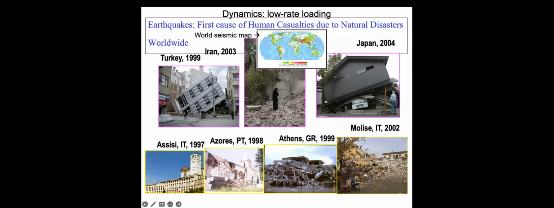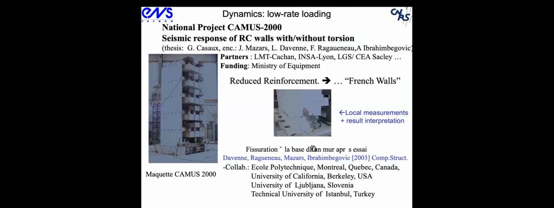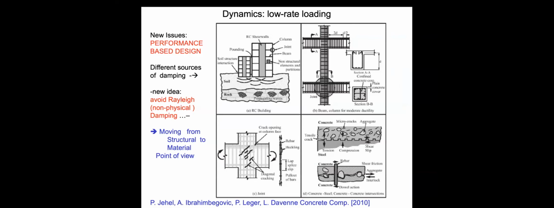If you wanted to get a better grasp on behavior in earthquakes, and also a better interpretation of these results when you have local damage with hysteresis loops of these stresses, you really cannot represent this very seriously.